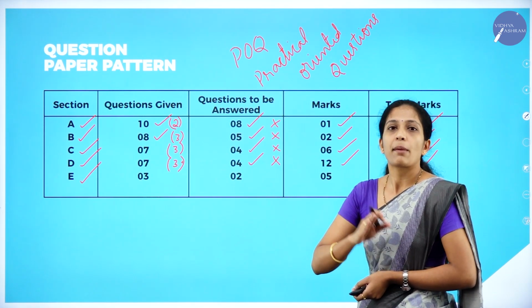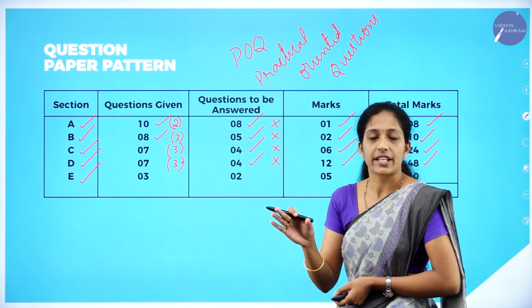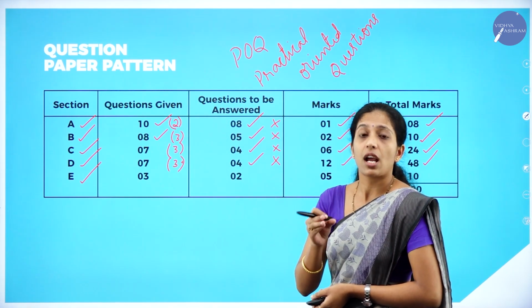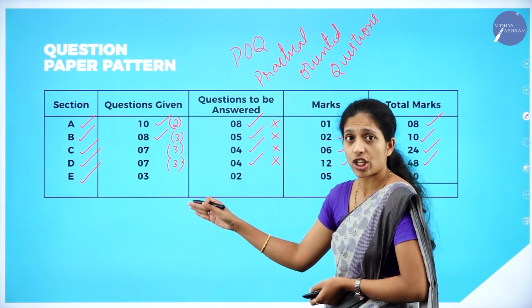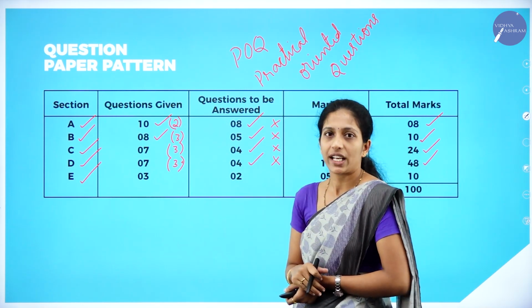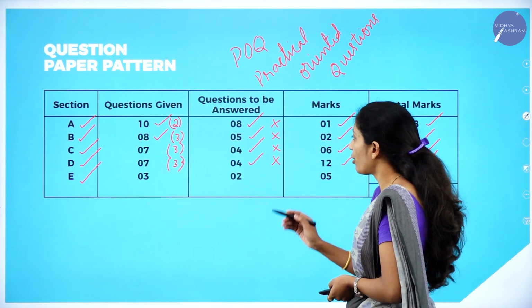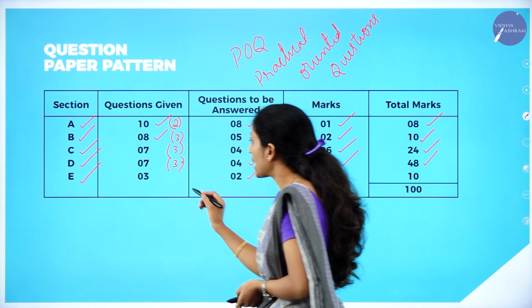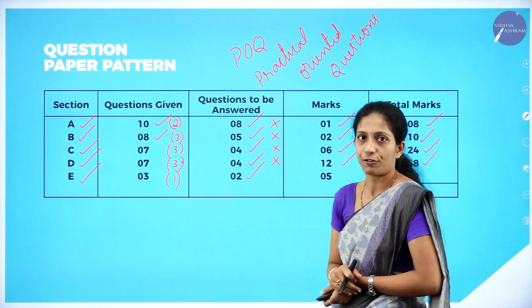As I told you, they might ask any of the performa or any of the format of a particular account or a specimen of a particular voucher. These types of easy questions will be asked in section E. They will ask 3 questions, out of which you have to write any 2 questions, and 1 question will be optional for you.